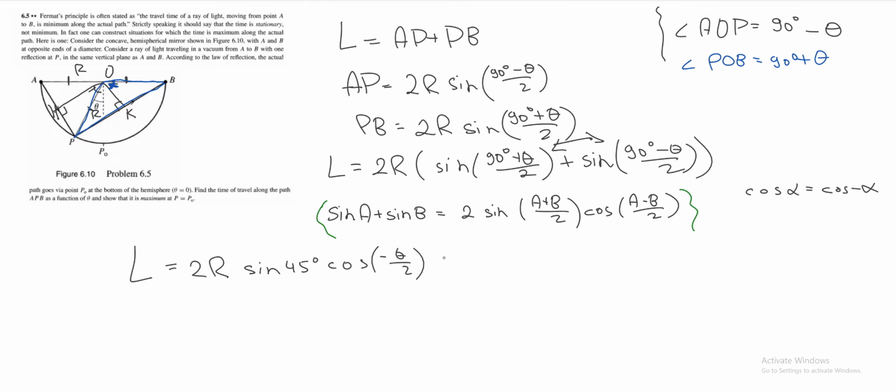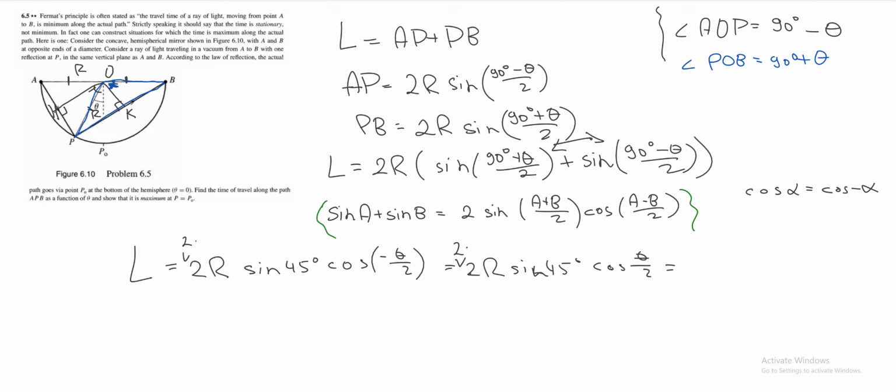So the final answer is 2r sine 45 degrees cosine theta divided by 2, or oh sorry, I forgot to multiply the entire thing by 2. My bad.